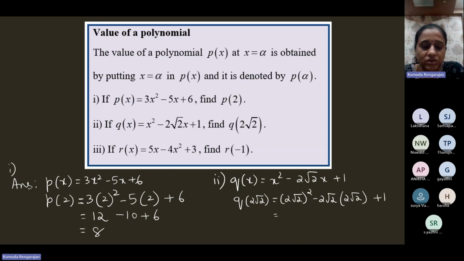Please write down the first question and complete the answer. Similarly with the second and third one. Second question, second answer, third question, third answer. Complete it.